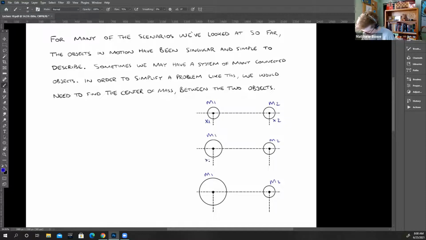Sorry, this is x1. That is x1, and x2. Now this may not be the case for whatever problems you're given, but I can choose where I want to start my coordinate system.